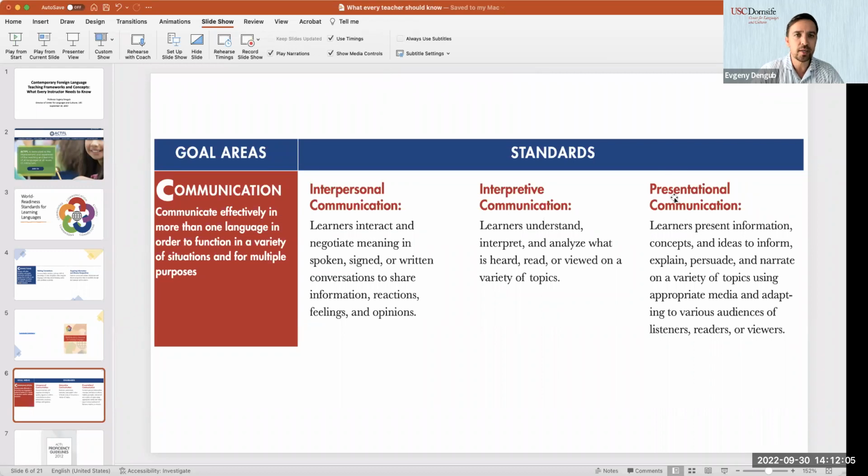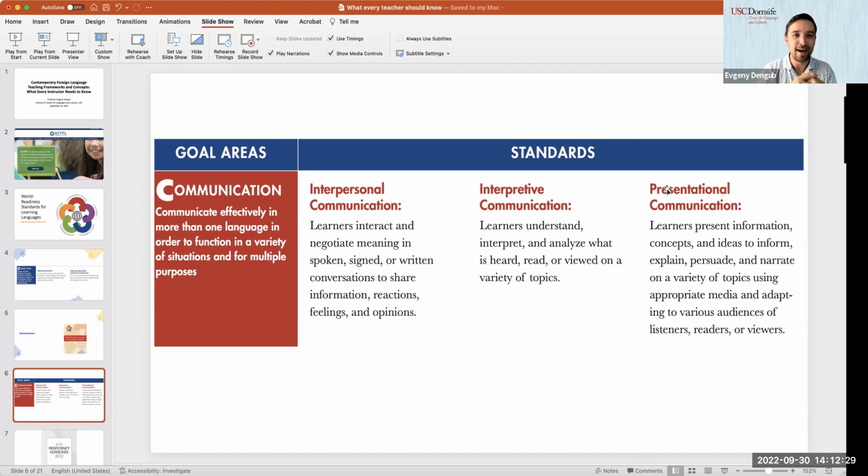Whereas presentational communication is what I'm doing right now. There's very little interaction, sorry about that, but my goal is to present the information, to inform you of what's happening in the foreign language world, and you are just passive recipients of this.